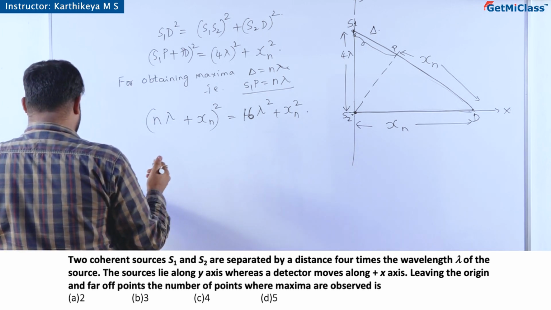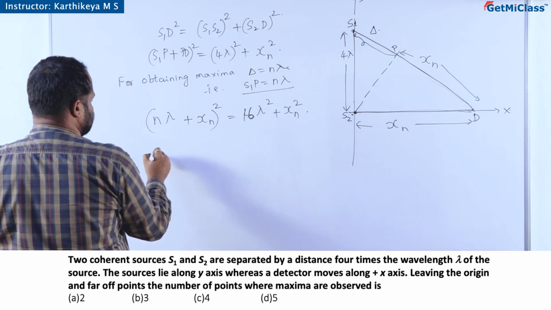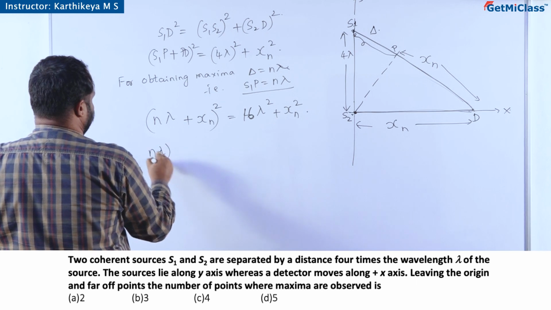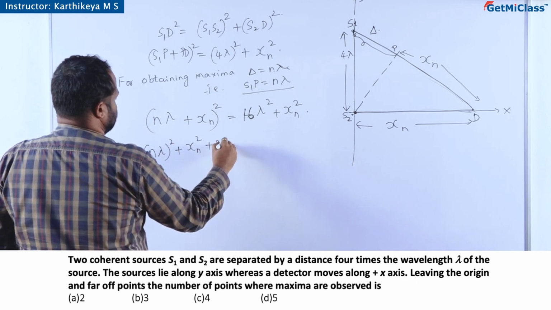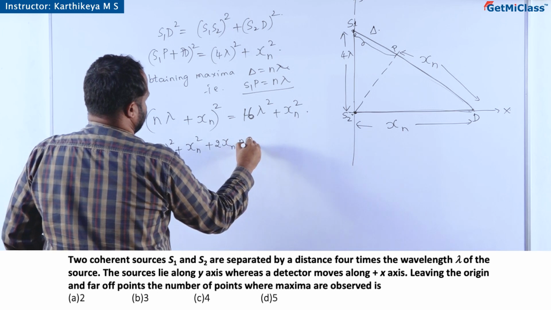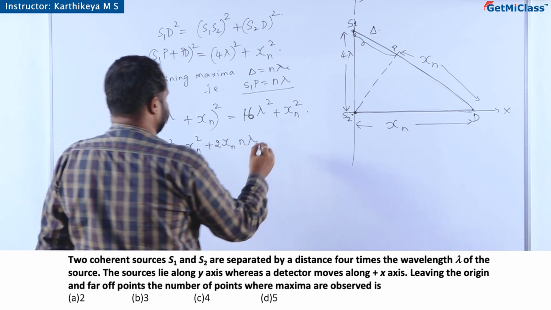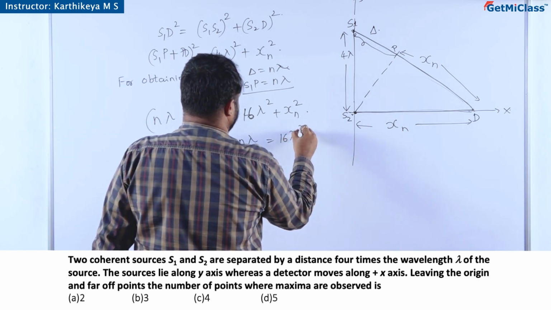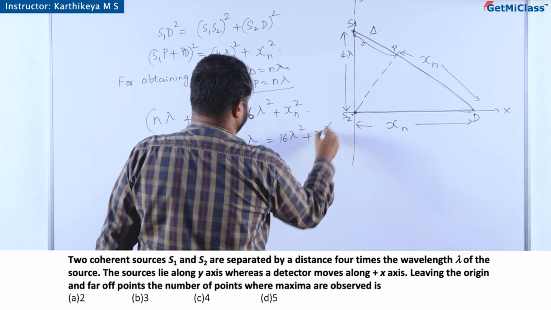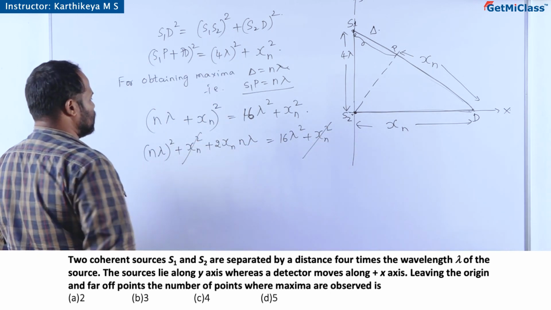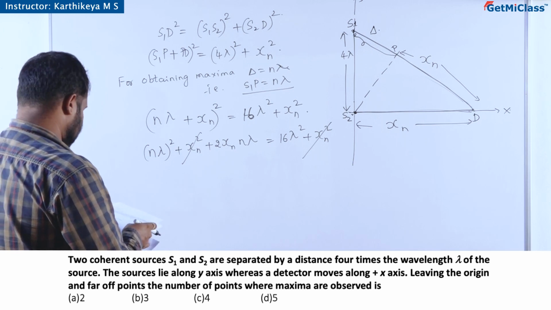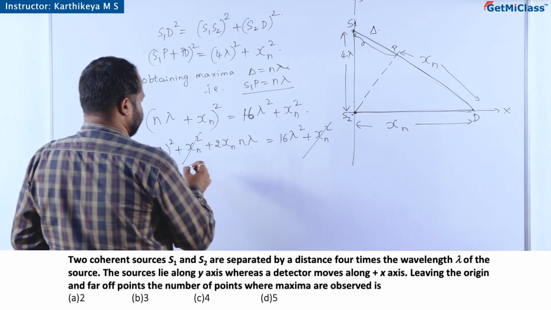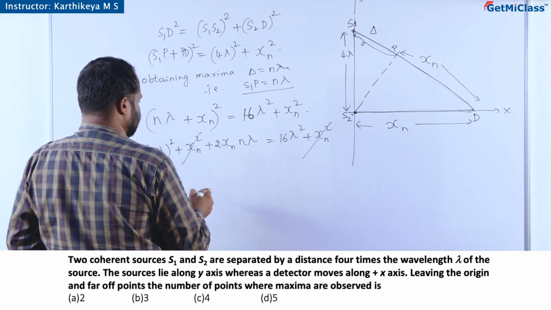So going on with that, this is n lambda square plus xn square plus 2 xn n lambda is equal to 16 lambda square plus xn square. xn square cancels. You want the position, hence I have to resolve it for xn.